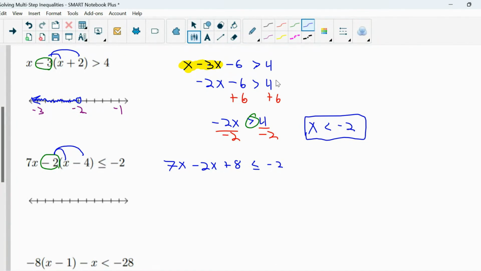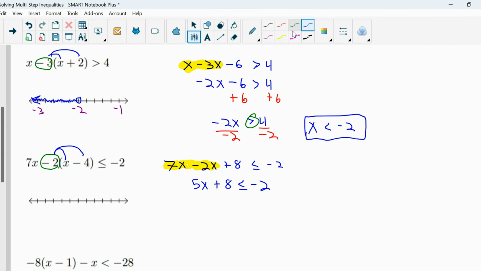Similarly to the last example, we have two sets of terms with x on the left side of our inequality. So let's go ahead and combine our like terms. 7x minus 2x gives us 5x plus 8 is less than or equal to -2.